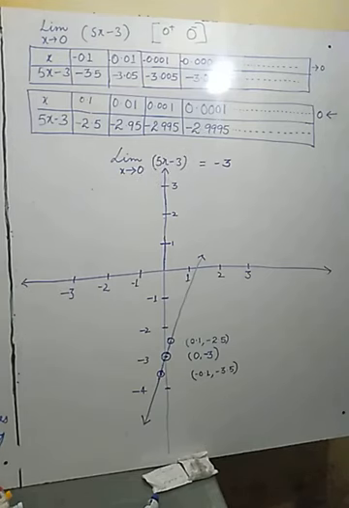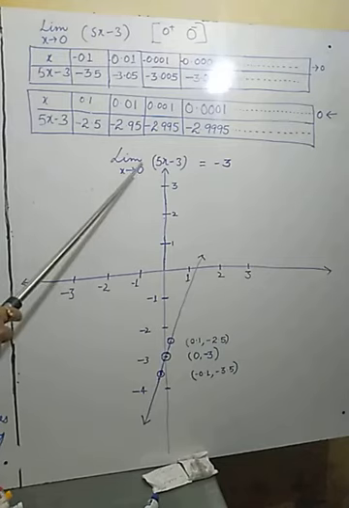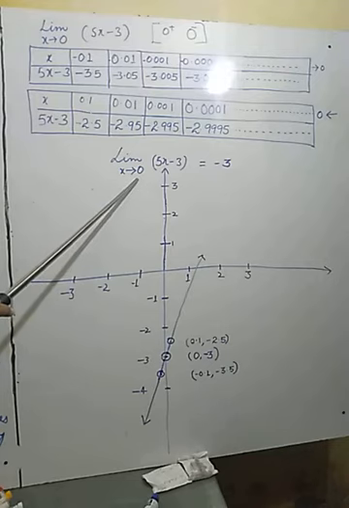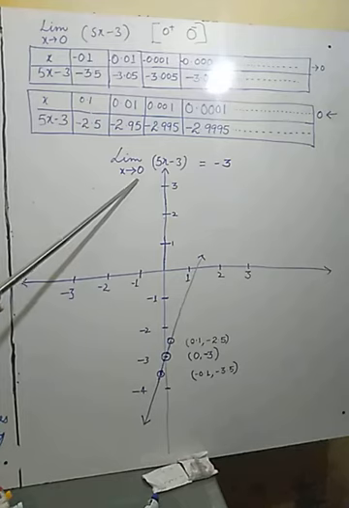How can we express this in the language of mathematics? This can be expressed as limit x tends to 0. Different values of x will be taken, and this value is restricted. And what restriction is there? We have to take x approaching 0, not exactly 0.